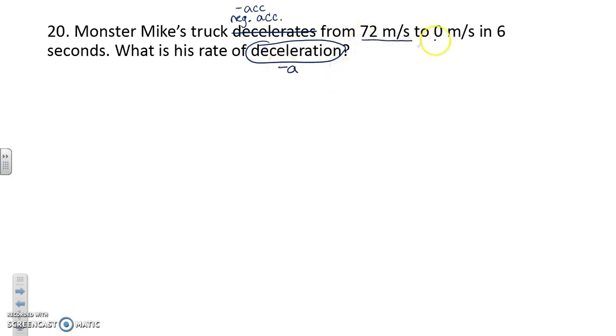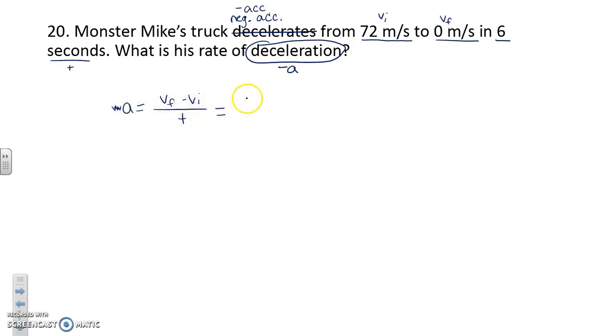We have this to this, which means this is our initial velocity, this is our final velocity, and 6 seconds is our time. So A, or negative A in this case, is equal to VF minus VI over T. You should get a negative number here because he's slowing down. So let's plug this in.